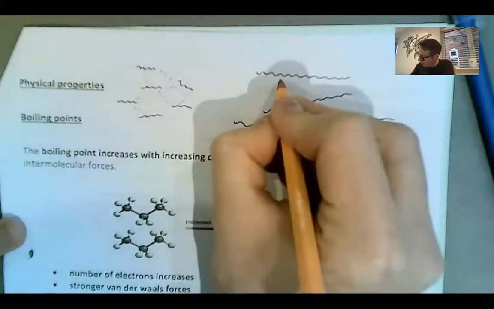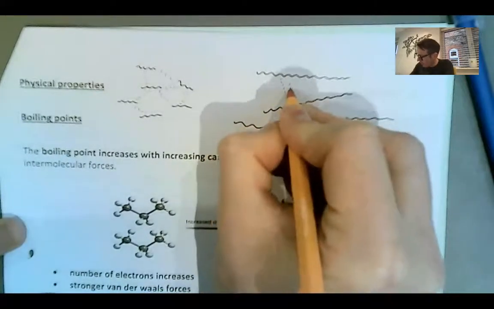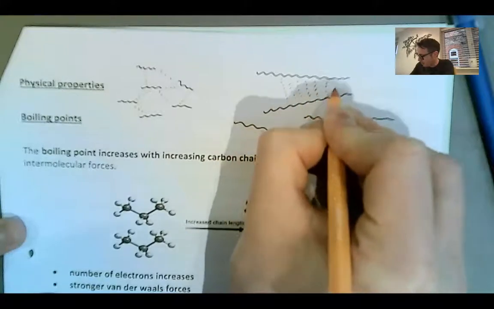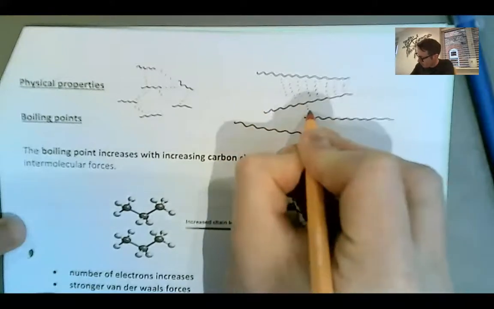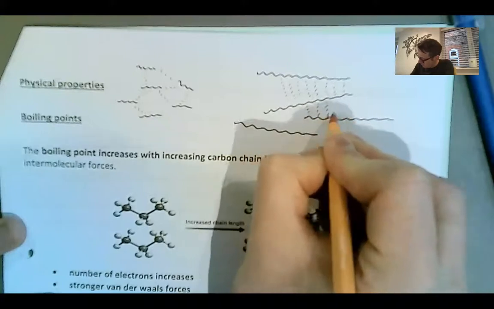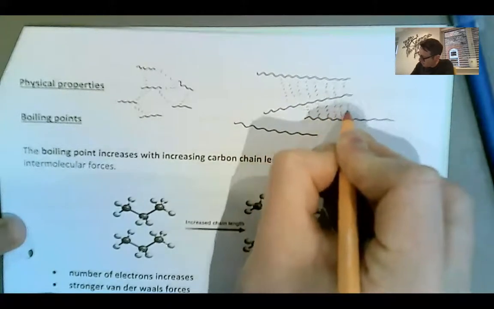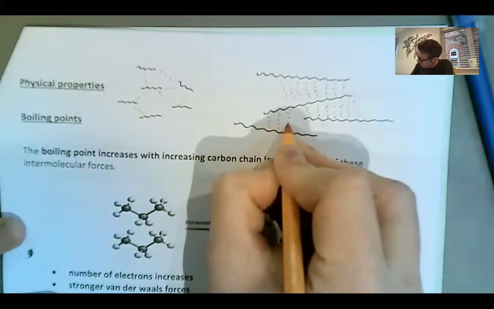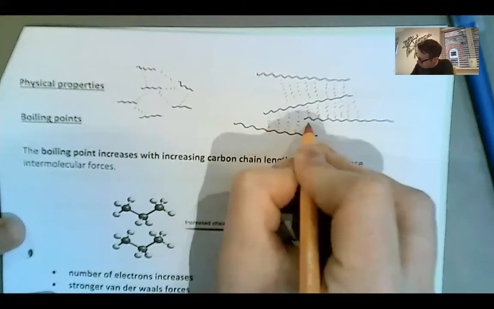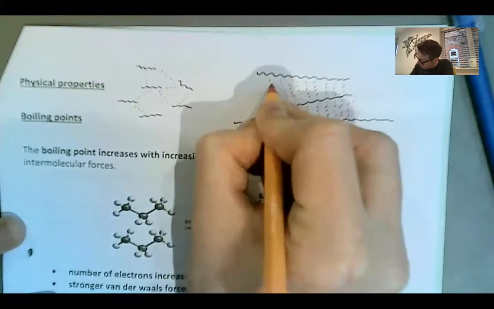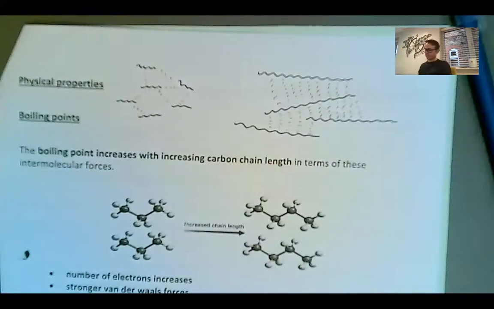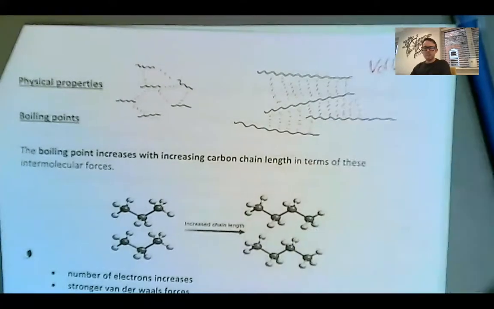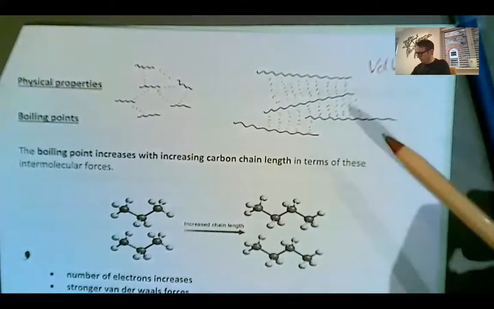Whereas much longer molecules, because they have a larger surface area, have many more points of contact. So that means more or stronger van der Waals intermolecular forces. All those van der Waals forces will need much more energy in order to break them.